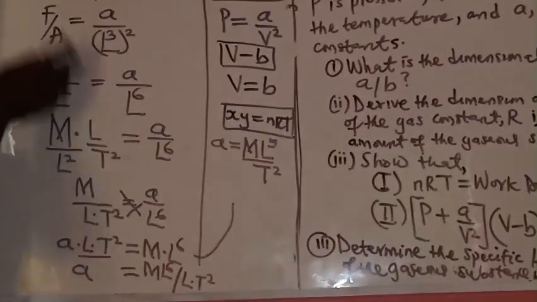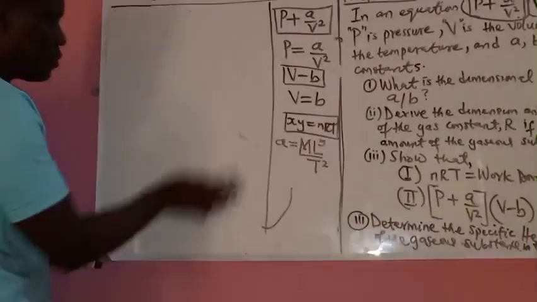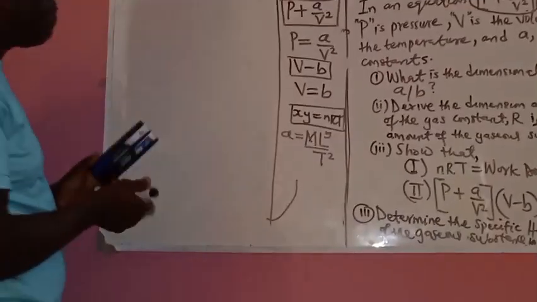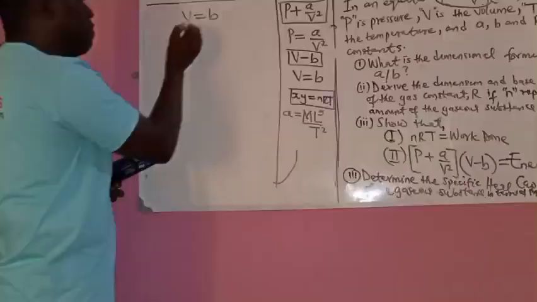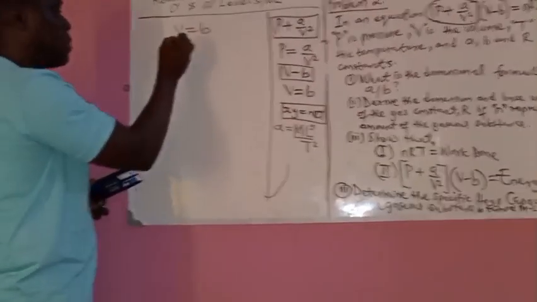Now again, we need to find b. I want to clean this up. Now, can we get it from here? V equals b. V is equal to b, and V is volume, that is L to the power 3.